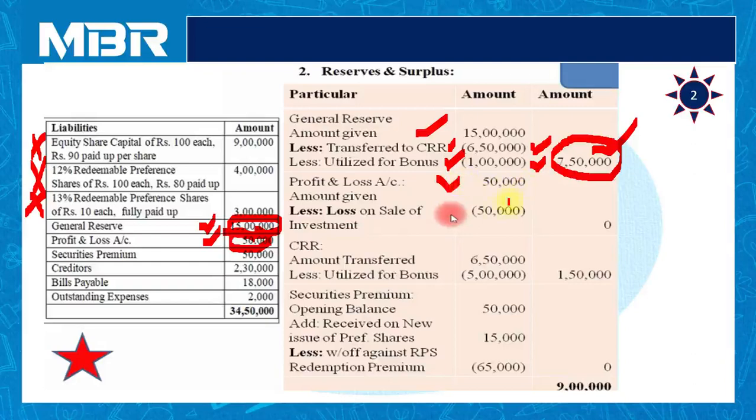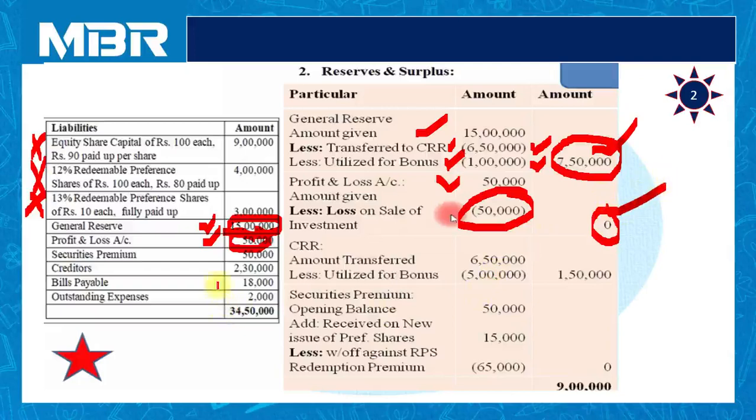At the time of selling the investment, the company has suffered a loss of rupees 50,000. The 50,000 rupees balance given to us minus the amount of loss 50,000. So 50,000 minus 50,000 is equal to 0. This is the closing balance of the profit and loss account.